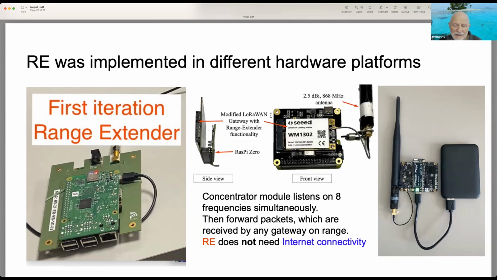And there is another version that is quite small and low power consumption, using just a Pi gate from the company called PiCom, which was recently acquired by another vendor because they went out of business, but now apparently they are still offering service. And you can see that here is a very small and very cheap and very low power consumption range extender that can be used to go beyond the normal distance that a LoRaWAN gateway can cover.